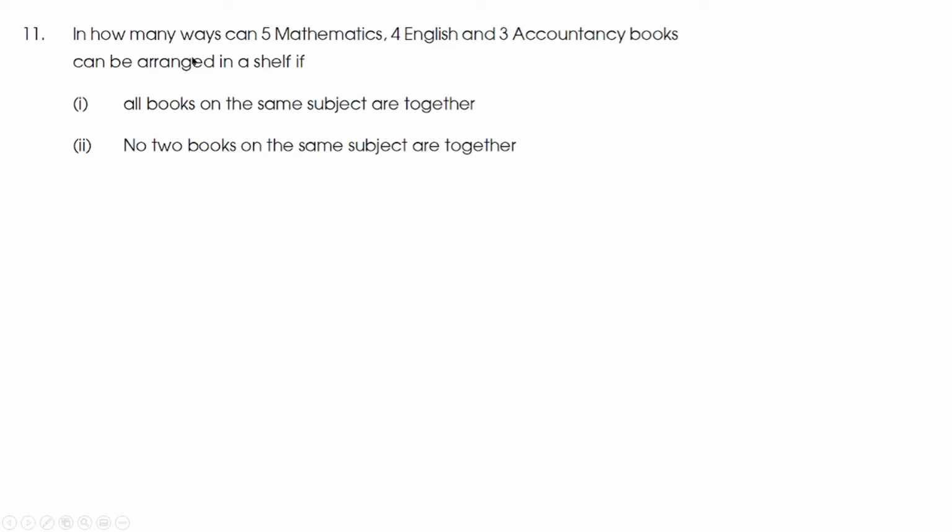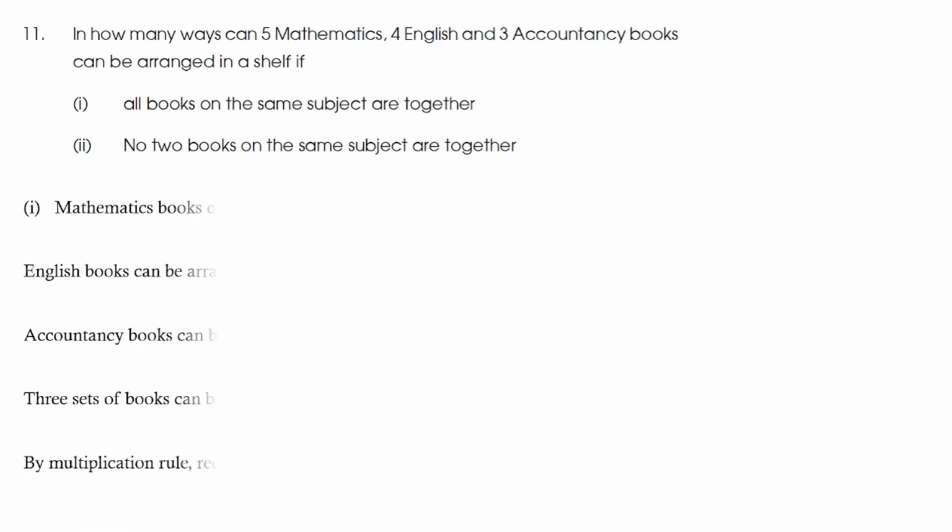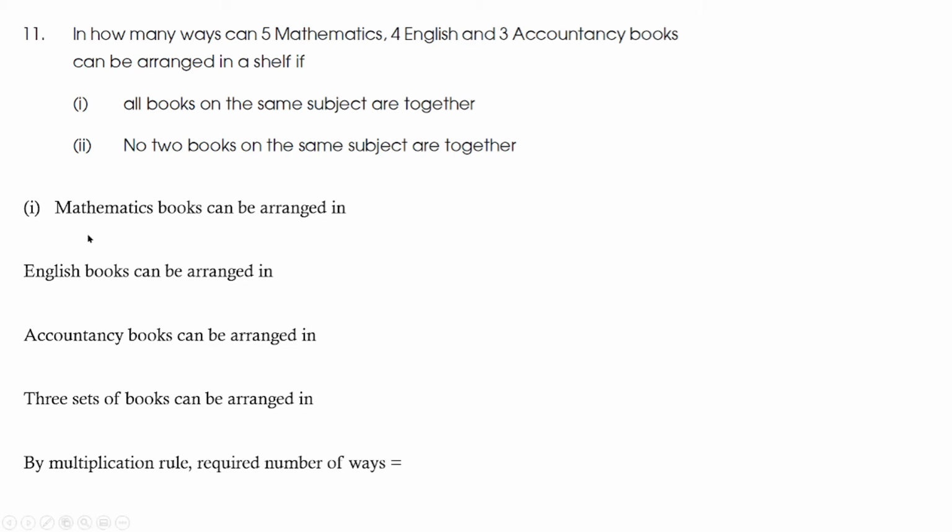So in the first subdivision, when all books on the same subject are together, we can arrange the 5 mathematics books in 5P5 ways, 4 English books in 4P4 ways and 3 accountancy books in 3P3 ways. And keeping all these books together, we can make the arrangement of mathematics, English and accountancy in 3P3 ways. So when we multiply all these, we will get the answer.